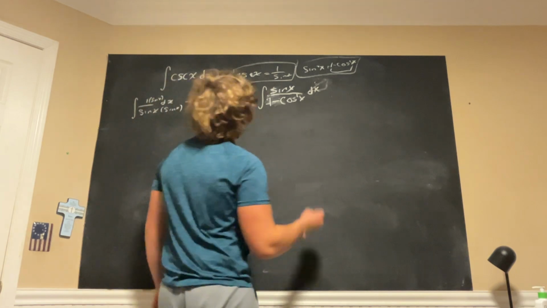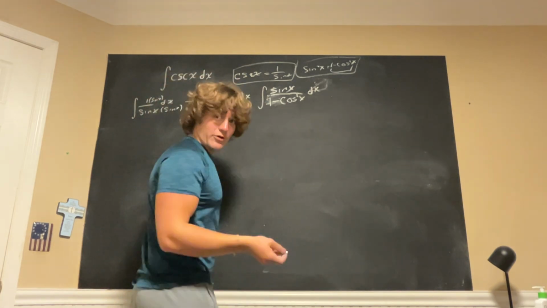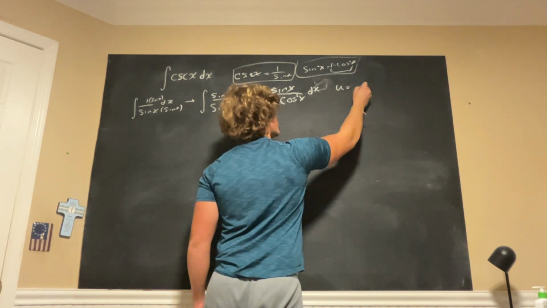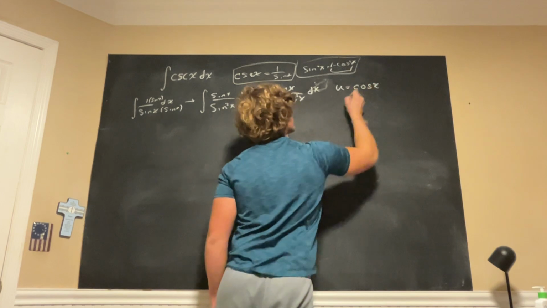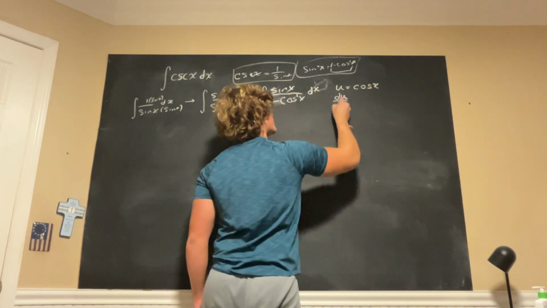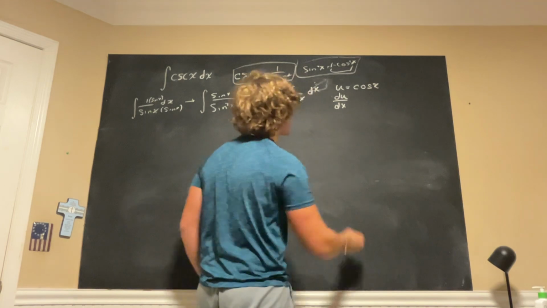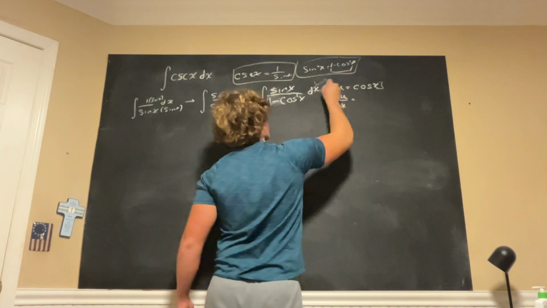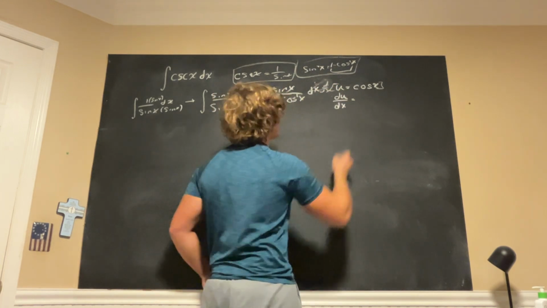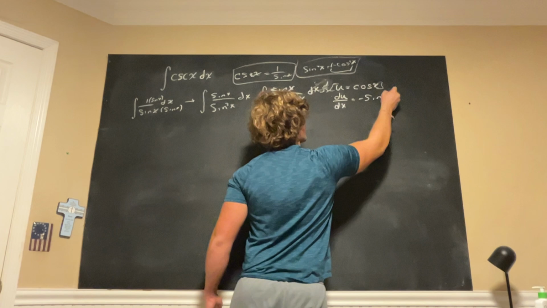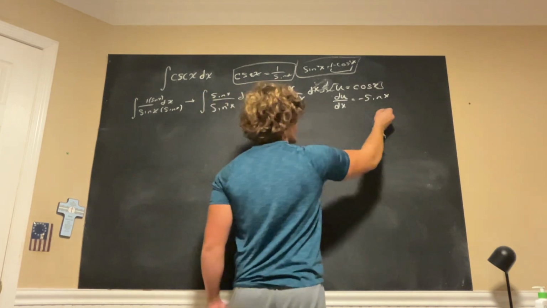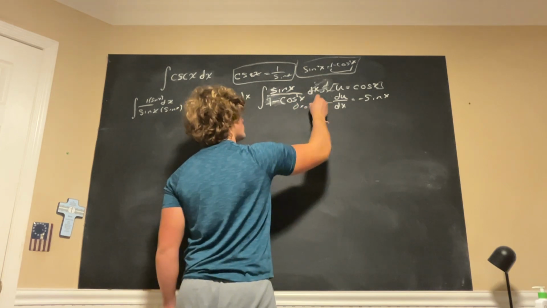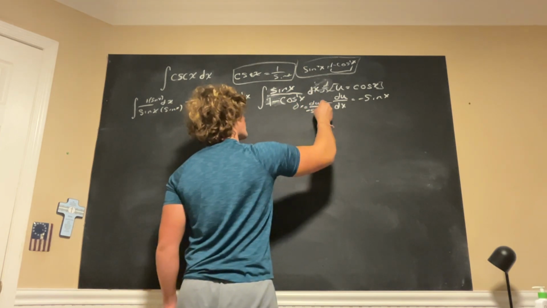Now, this is u-substitution. So you can say u is equal to cosine x, so du over dx, when you differentiate both sides with respect to x, is equal to negative sine of x. Now rearranging this for dx, we get that dx is equal to du over negative sine of x.